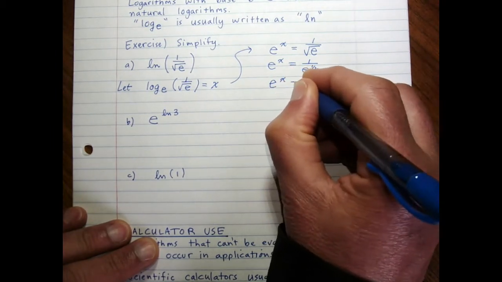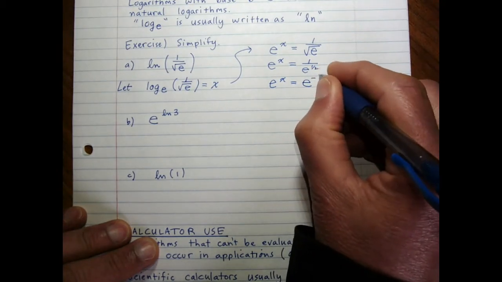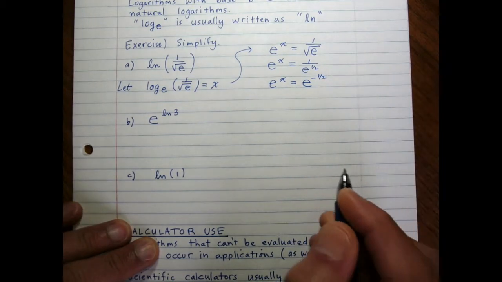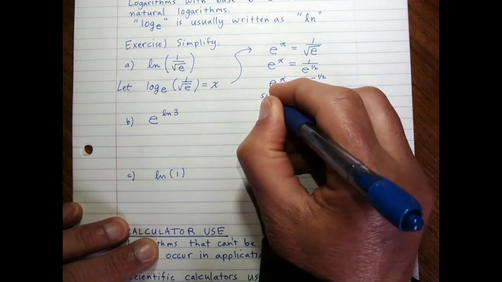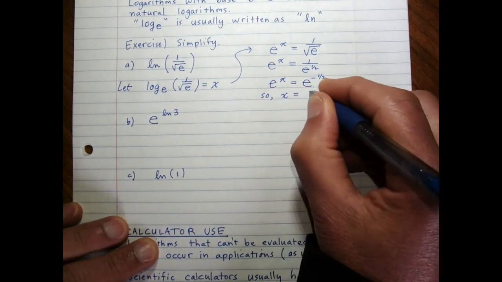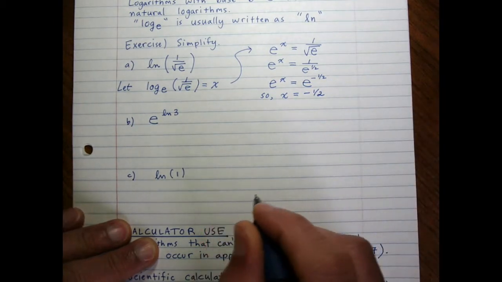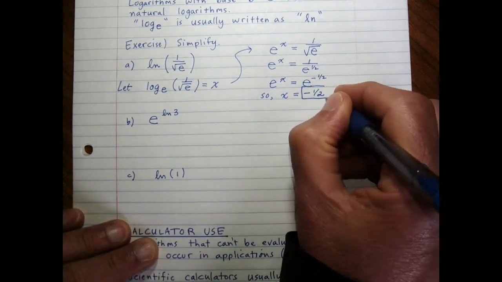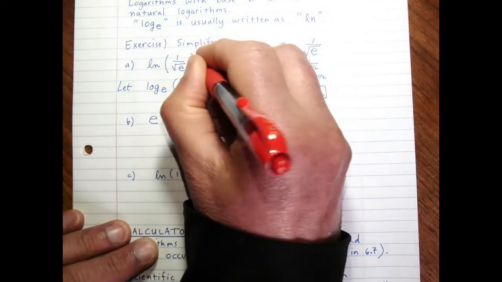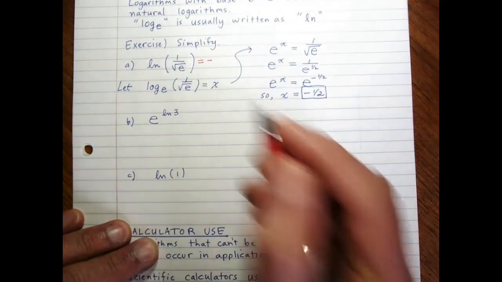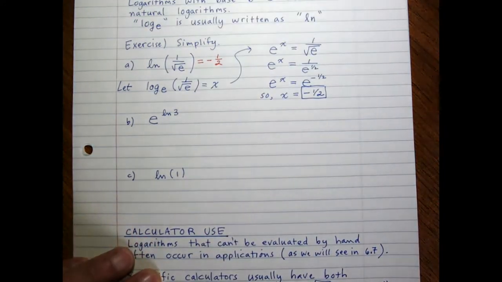And that 1/2 in the denominator, I can rewrite this as e to the -1/2 on the right-hand side. So I got same base. That means the exponents have to be equal, so x has to equal -1/2. And here, x is what we want. We wanted to solve for x. This ln of 1 over the square root of e is equal to -1/2.